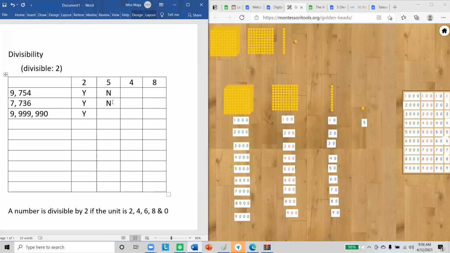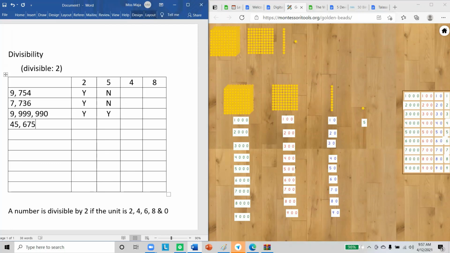How about 9,999,990? Is that divisible by 5? It's divisible by 5. Everything behind the 0 is divisible, and the 0 is basically not a number, so it's divisible, like with 2. The same rule applies. If I have 45,675, is that divisible by 5?